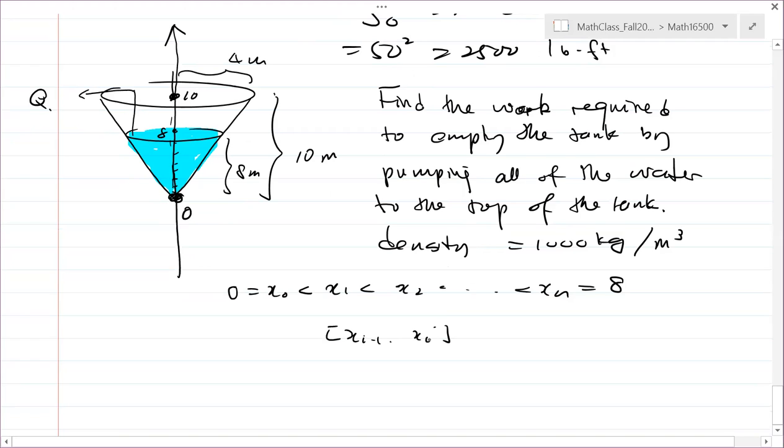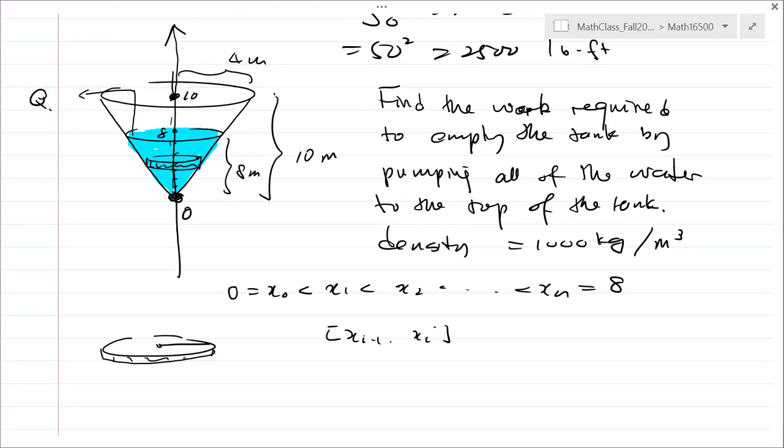The corresponding slice will be this. Right, so this is one slice. Okay, this slice, I have to figure out the radius. And I have to figure out the volume of the slice. Okay, the thickness is clear, right? The thickness is going to be delta xi, which is xi minus xi minus 1.